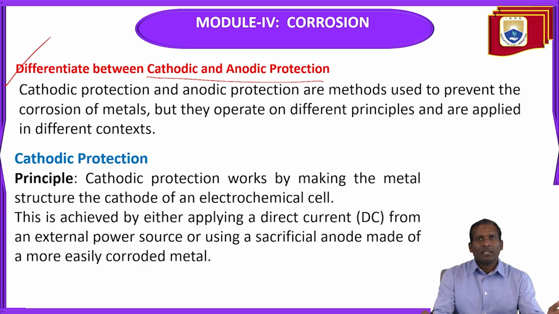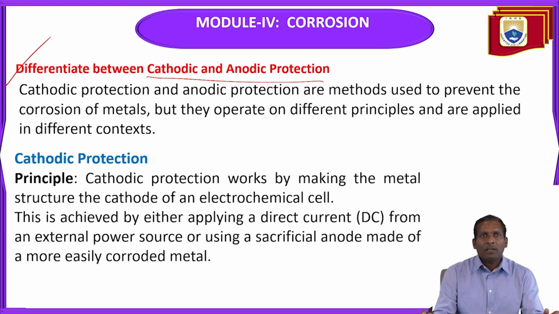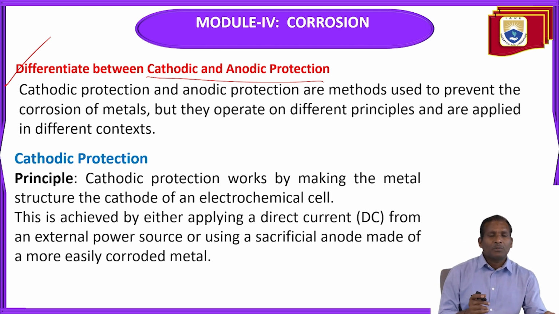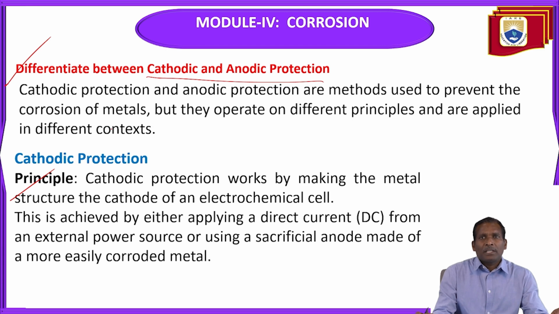Cathodic protection and anodic protection are methods used to prevent the corrosion of metals. They operate on different principles and are applied in different contexts. But here, one by one, we will see the difference. Cathodic protection, what is the principle? Cathodic protection works by making the metal structure the cathode of an electrochemical cell.